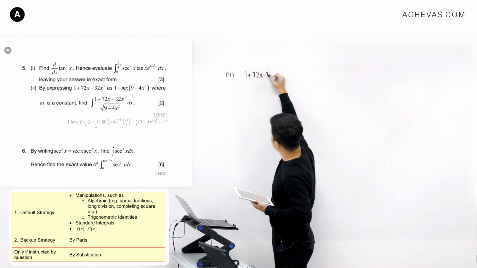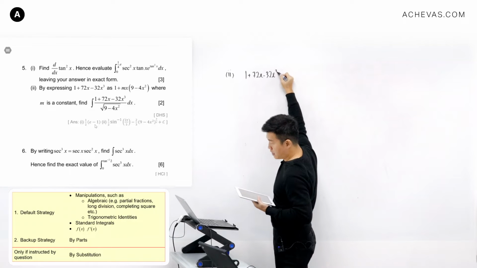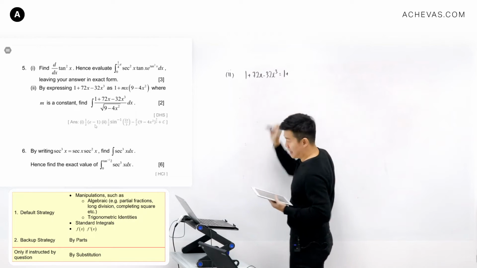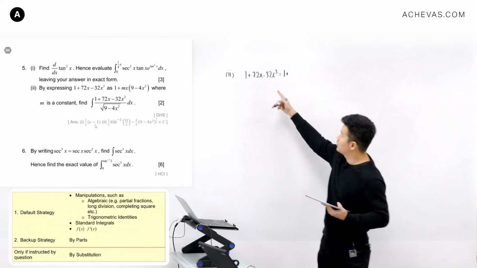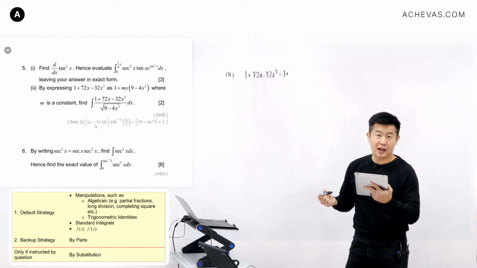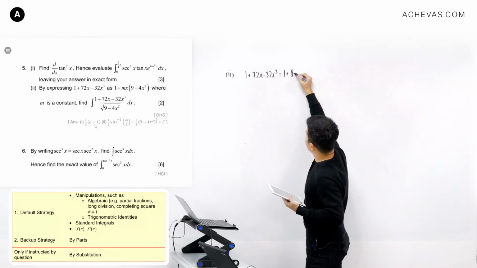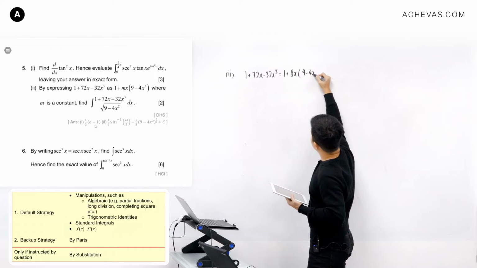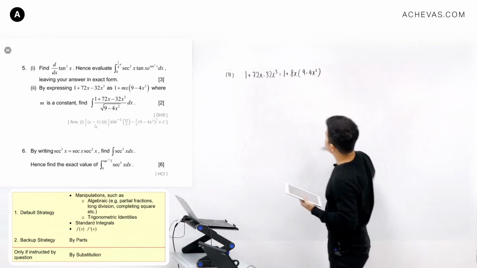So this, minus 32x to the power of 3. I'm supposed to re-express it into 1 plus mx, so I guess we should try to factorize this. I'm going to try to factorize out 8x. If I do that, I'm left with 9 minus 4x squared.